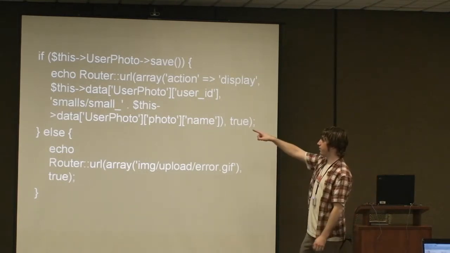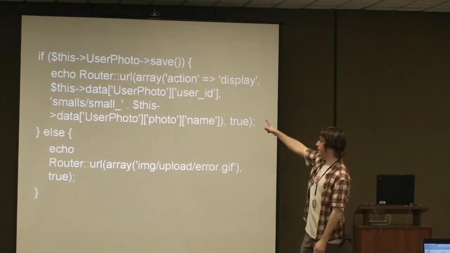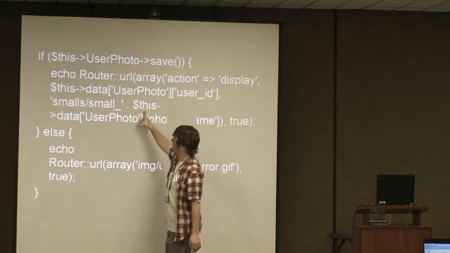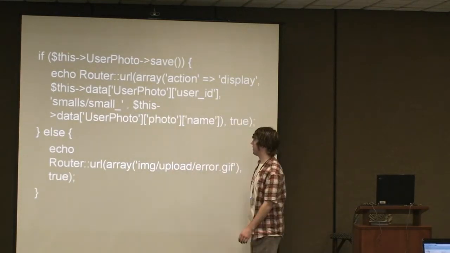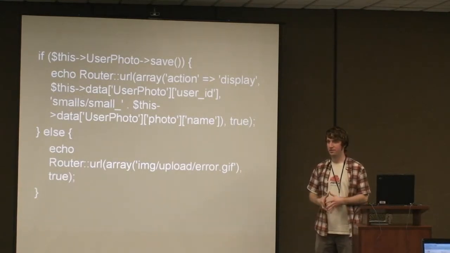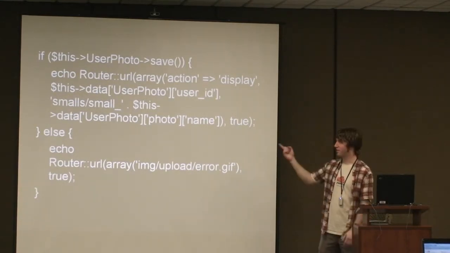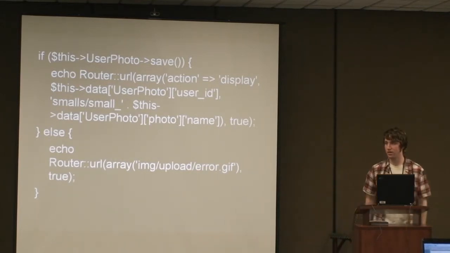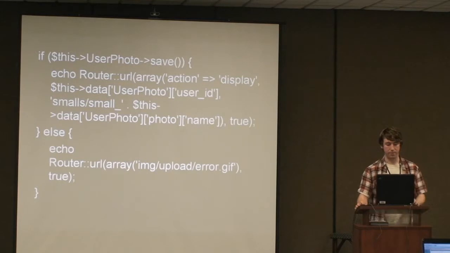So that's how we're echoing the image path, which is small underscore, and then the actual name of the photo. So that's how it's generating the thumbnails, and then you're sending back, here's the path. And then Swift Upload just grabs that and then renders it.